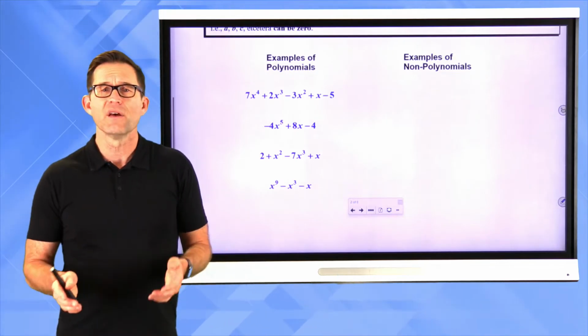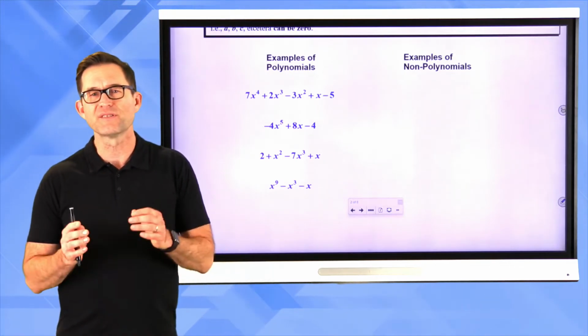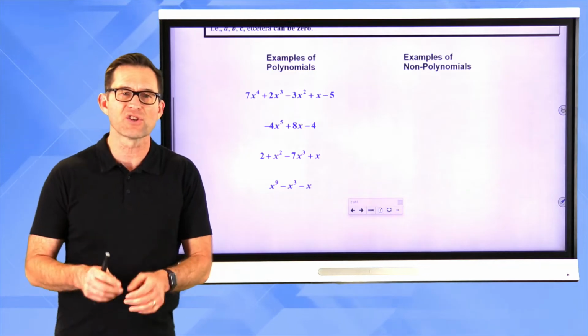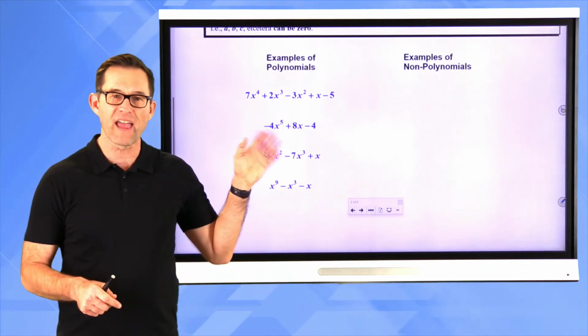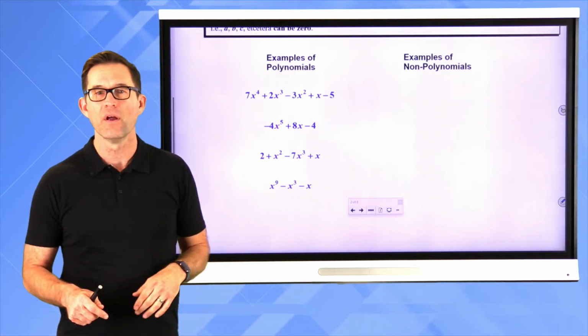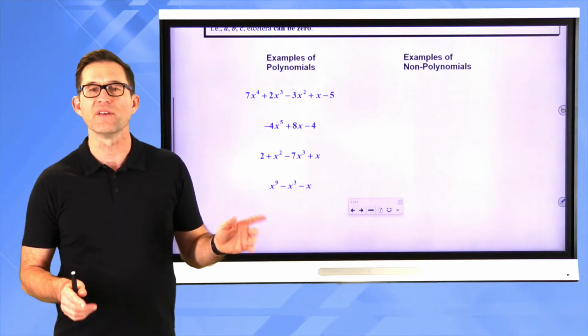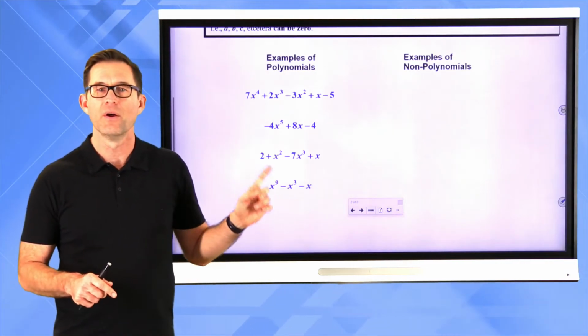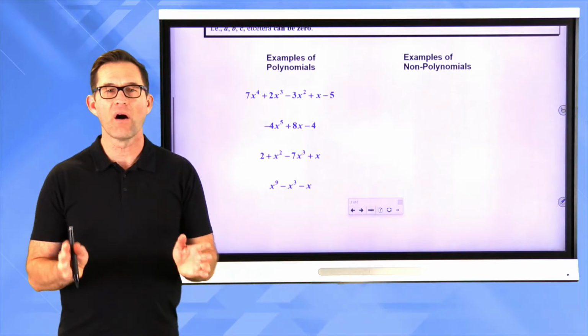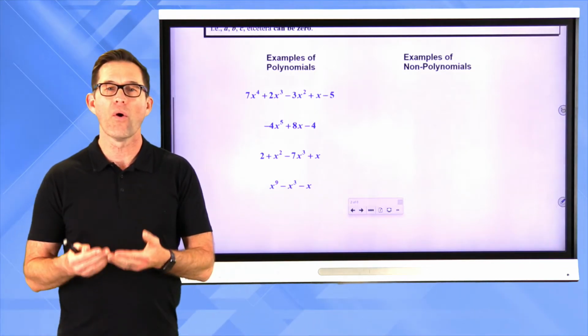We could think of it as negative 4x to the fifth plus 0x to the fourth plus 0x cubed plus 0x squared plus 8x to the first minus 4. The key in each one of them is that the powers on the variables are all whole numbers.